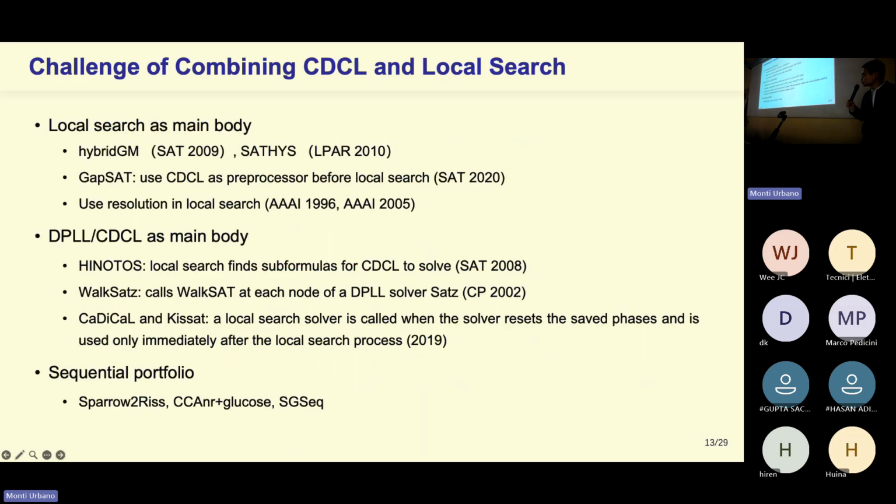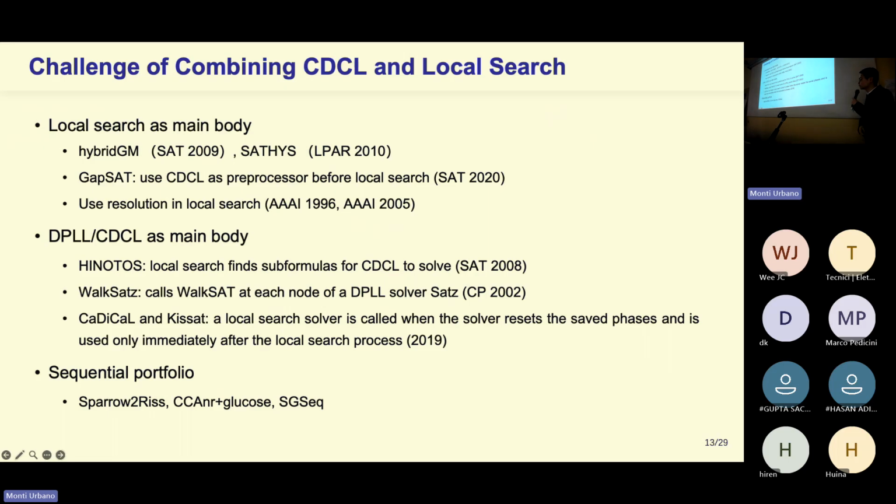And before this work, there are also many works doing hybrid solvers. Some use local search as the main body solver and try to utilize CDCL in some situations, and some use CDCL as the main body, and some do sequential portfolio.